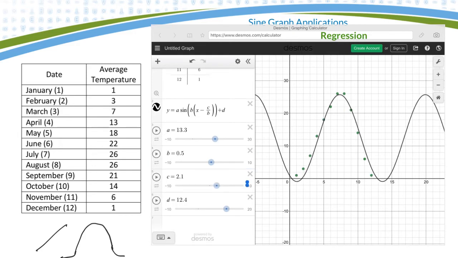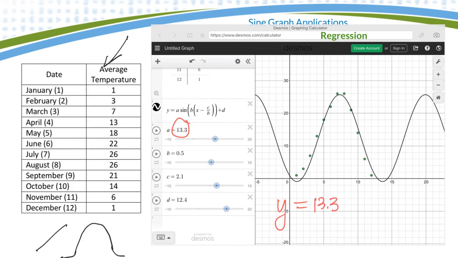Okay, so once I have that, and I purposely belabored that a little bit of time, but once you have it close, then you can just take those numbers that you have, and that'll be your function. So the function that describes this data here would be y is equal to a. What did I have for a? 13.3.